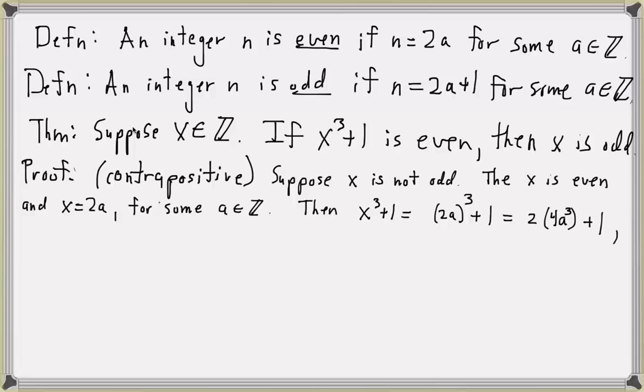This does look like 2 times an integer plus 1, so we can conclude that x cubed plus 1 is odd. And since it's odd, it's not even.